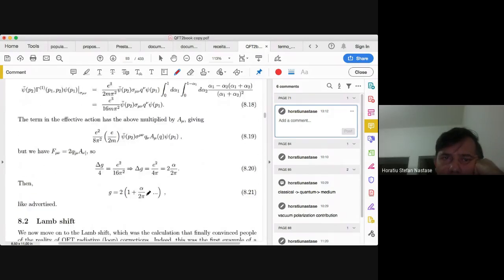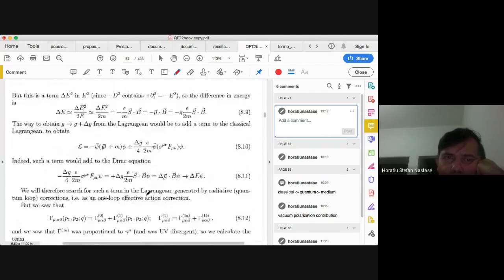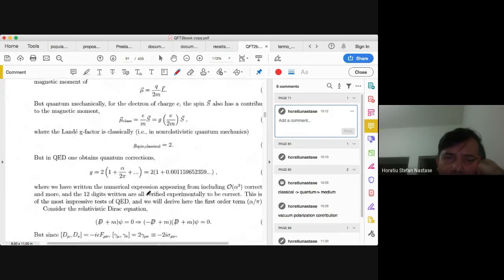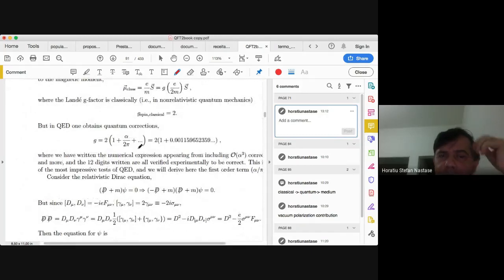So that is the one loop correction to G. And as I said, this G minus 2, well, I calculated only to first order, to one loop, so first order in alpha.